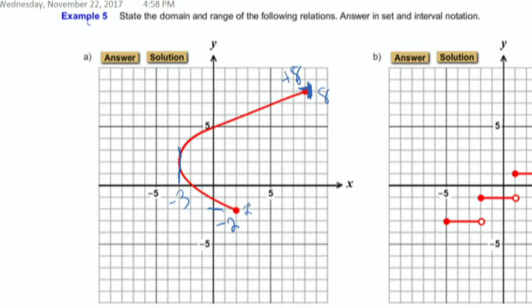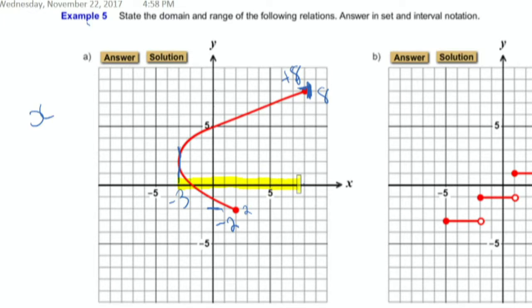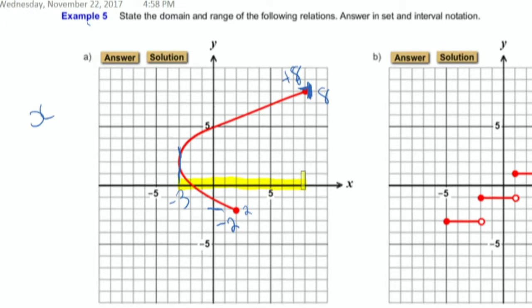So when we do this, we're going to look at domain first. We're going to have the x in the middle because it definitely has a start and an ending point. When we look at domain, it's the x values, so we're looking from here all the way to here. It starts at -3 and it ends at 8.